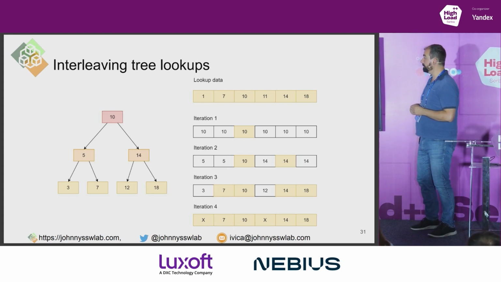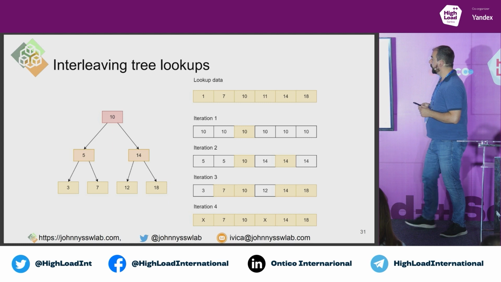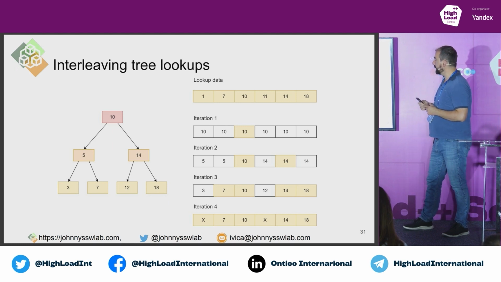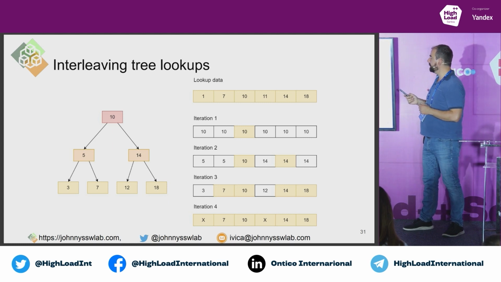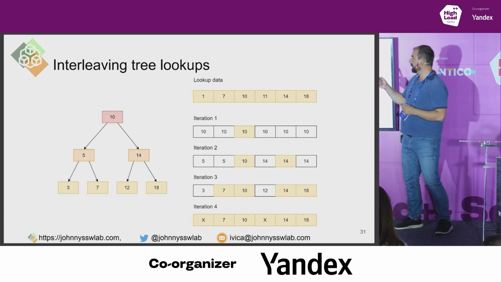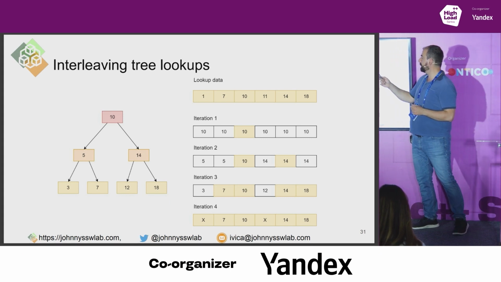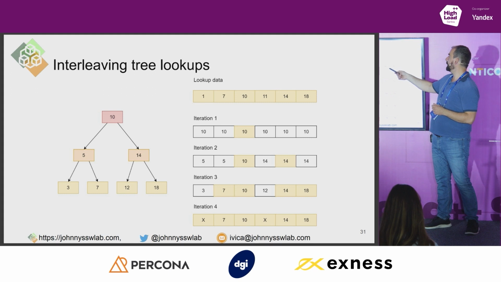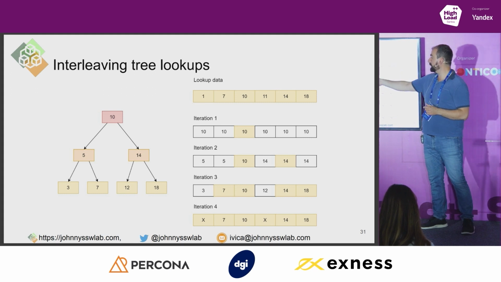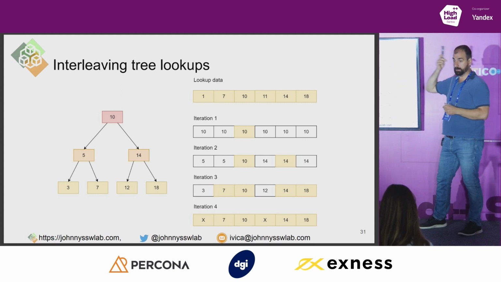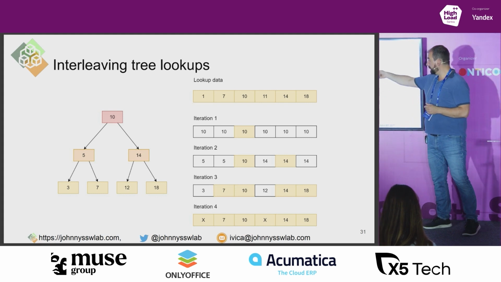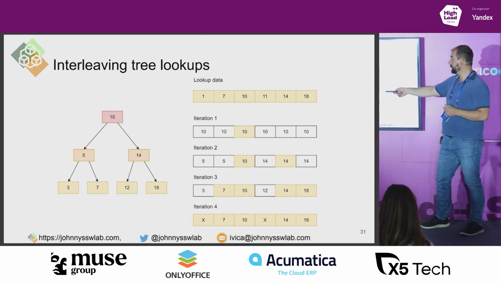Parallel lookups work a bit differently. Let's say we have a current node for each of 1, 7, 10, 11, 14, 18, and so on. In iteration 1, the current node for all is 10, the root node, and for 10, it is found, so we don't need to move on.